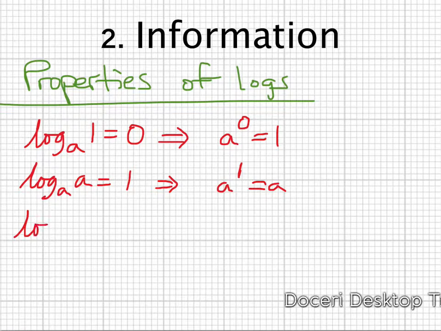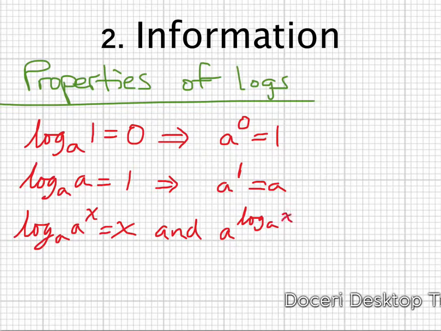Now this next property works very similarly. Log base a of a raised to the x power is x, and a raised to the log base a of x is also equal to x. These are inverses.